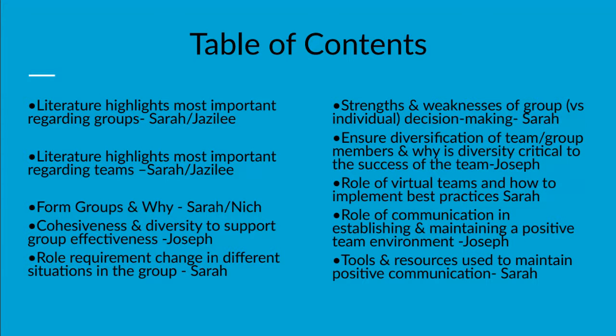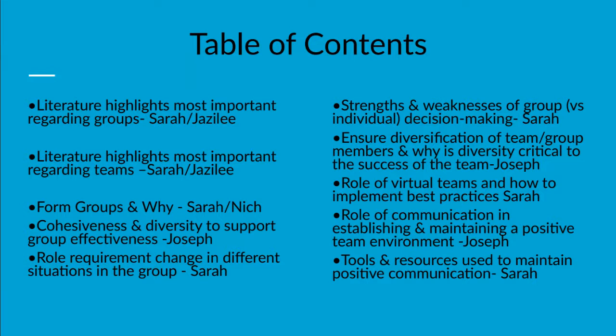Ensure diversification of team group members and why diversity is critical to the success of the team. Role of virtual teams and how to implement best practices. Role of communication in establishing and maintaining a positive team environment. Tools and resources used to maintain positive communication.